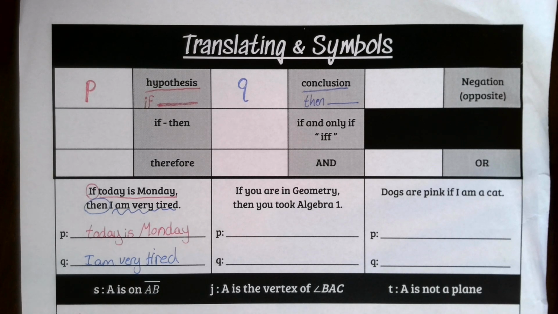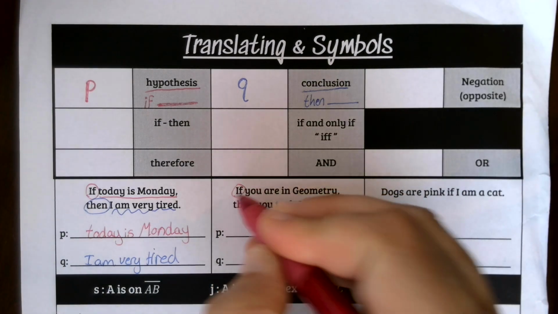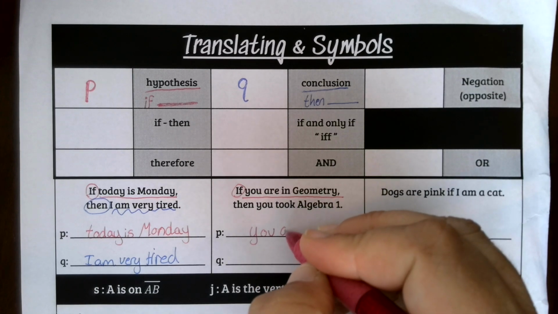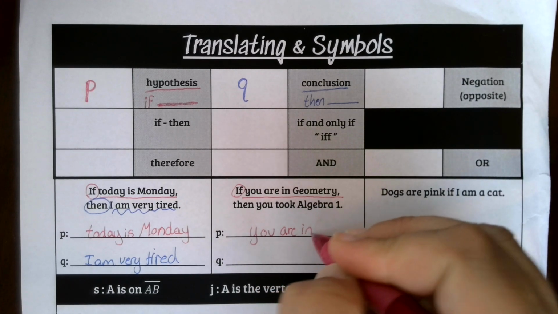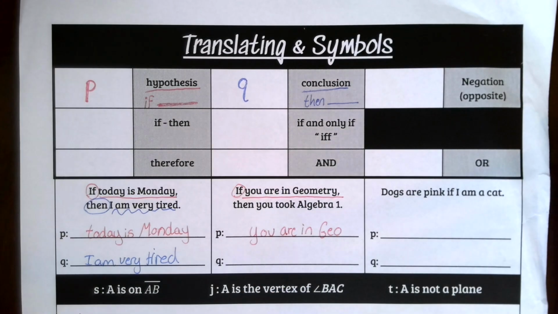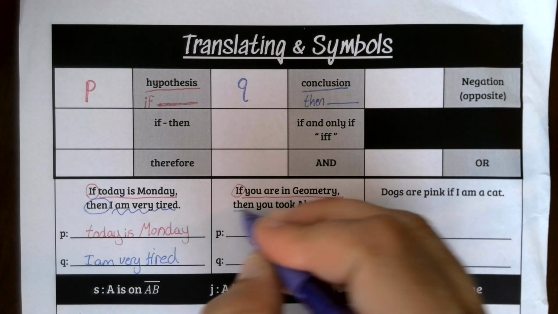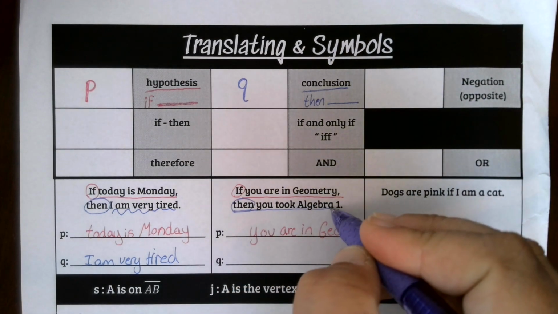Give it a try on your own. And I'm betting that you were able to identify that this if part, what comes after, you're in geometry. You are in geo, and then after that you have then you took Algebra 1.